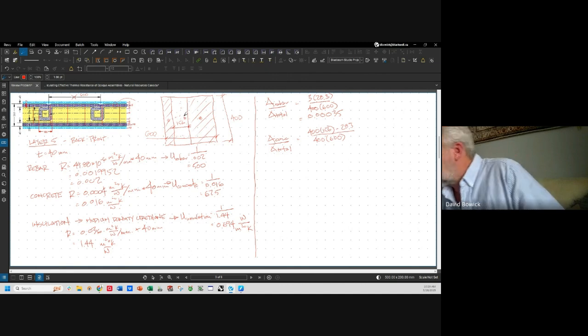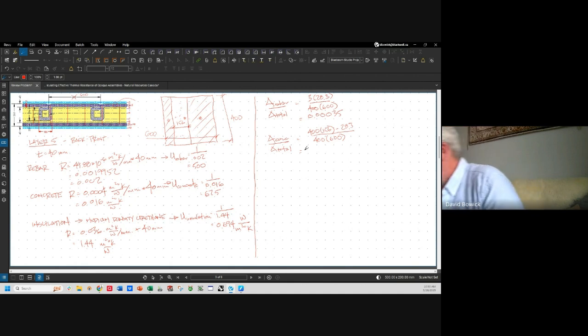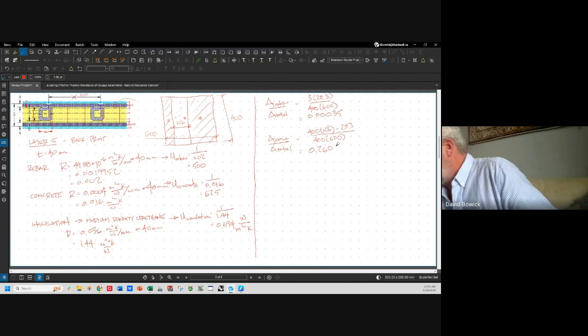So there's slightly less concrete. That gives 0.260, so 26% concrete.